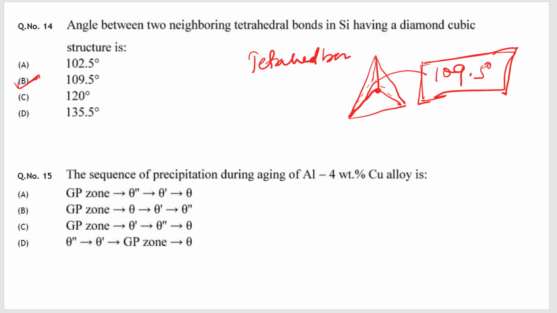Question number 15. The sequence of precipitation during aging of aluminum 4 weight percent copper alloy. Okay, so what is the sequence of precipitation? If you draw the aluminum copper phase diagram, it looks something like this, right?